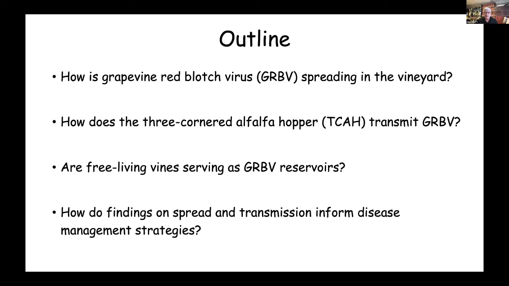And up front, I have to make sure you understand that I refer to the three-cornered alfalfa hopper as a vector of the virus, not the vector of the virus. Why this distinction? Because I'm not claiming that the three-cornered alfalfa hopper is the only vector, insect vector, capable of spreading the virus in vineyard settings.